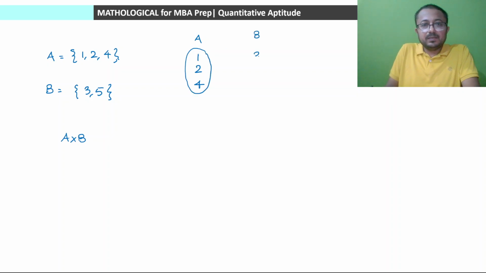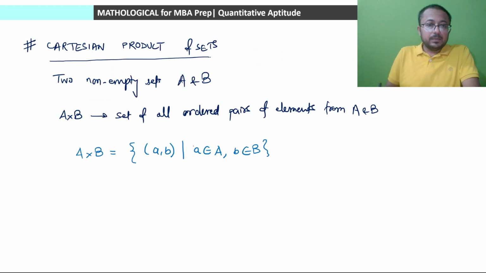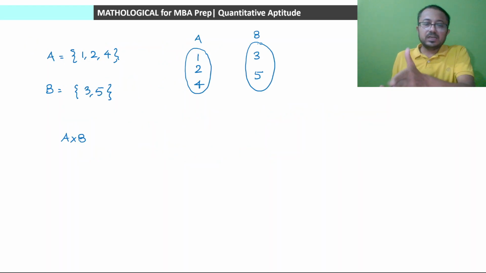Similarly, set B with two elements, 3 and 5. Now we have to make the set of all ordered pairs of elements from A and B.